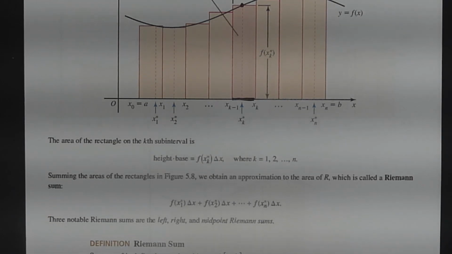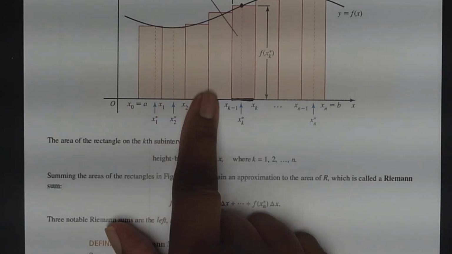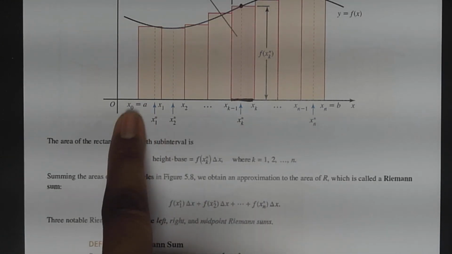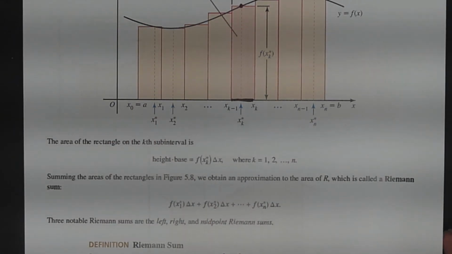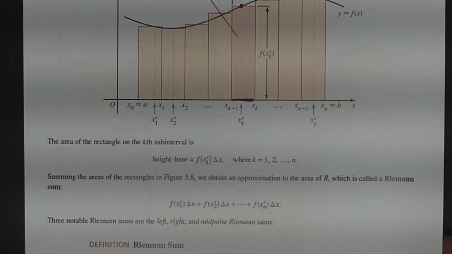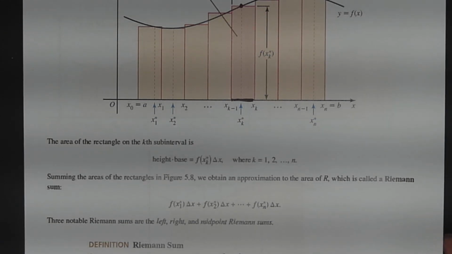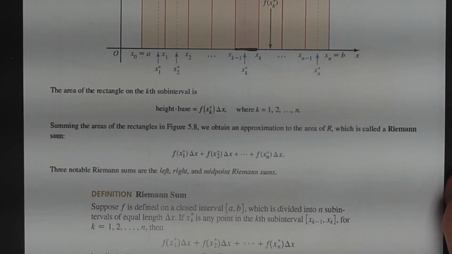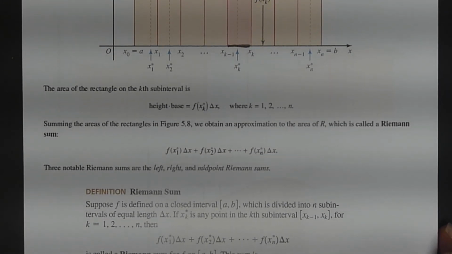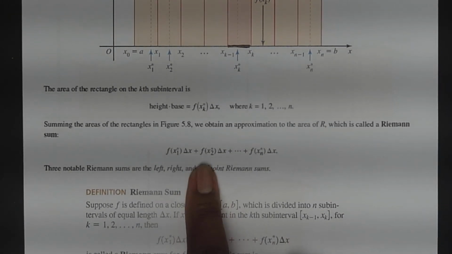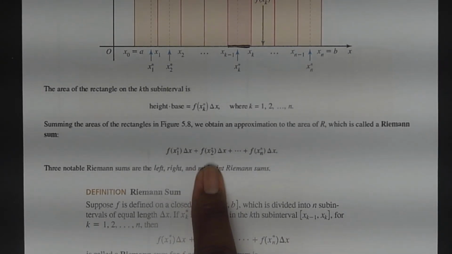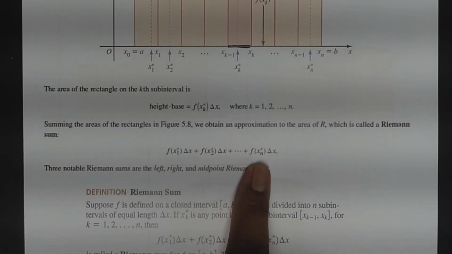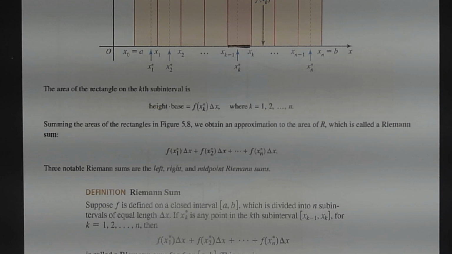So we're just taking the sum of the areas of every rectangle from, let's say, A to B. That Riemann sum would be f of x star sub 1 times delta x plus f of x star sub 2 times delta x, and so on up to f of x star sub n times delta x.